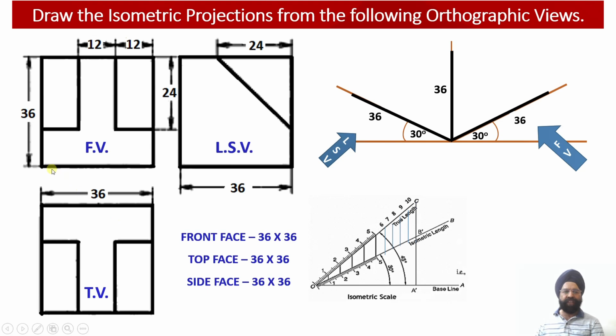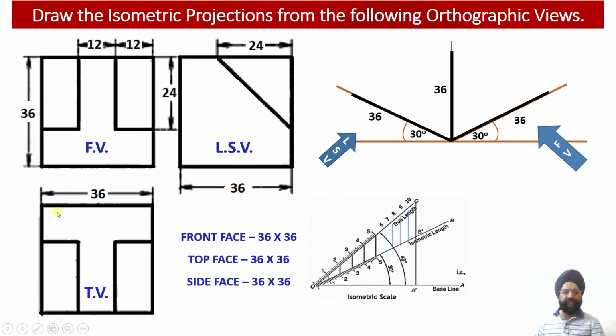So when we look at the solid from the front side, we observe that the length of the solid happens to be 36 millimeter and the height of the solid is also 36 millimeter. So the front face dimensions will be a square of 36 millimeter edge.